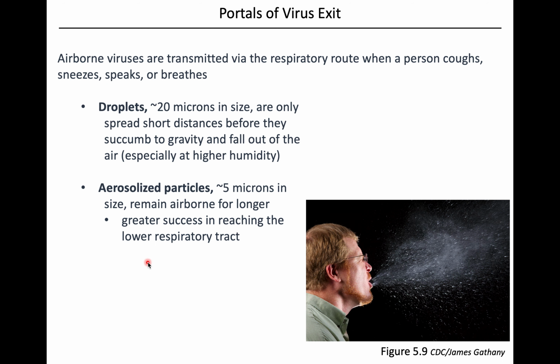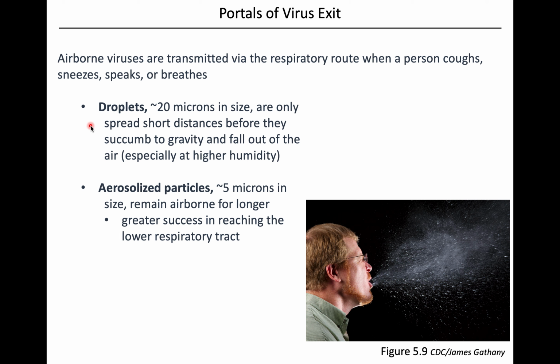So if we're talking about respiratory exit, we're usually discussing what we consider airborne viruses. So you're going to get virus expelled when somebody coughs, sneezes, speaks, or even just breathes. And we can distinguish between two different types of airborne virus. It can be present in droplets, which are larger airborne particles, about 20 microns in size.